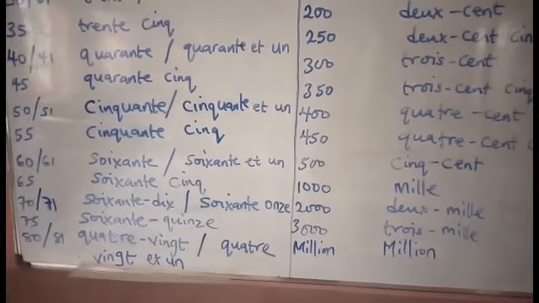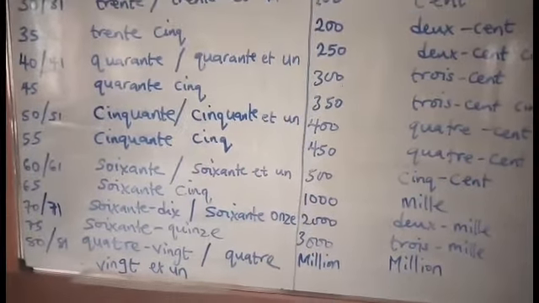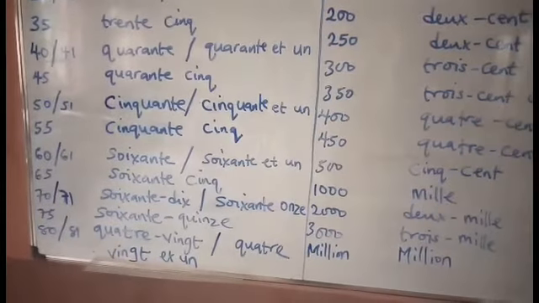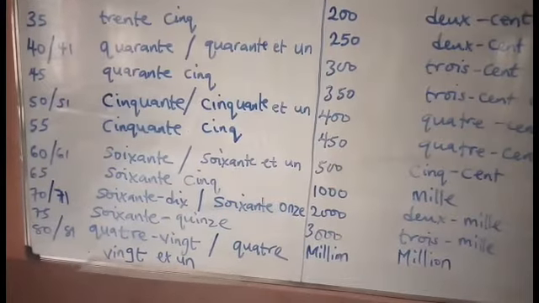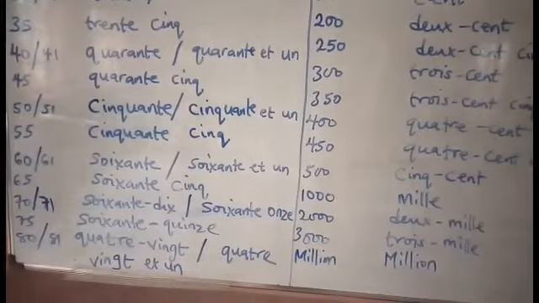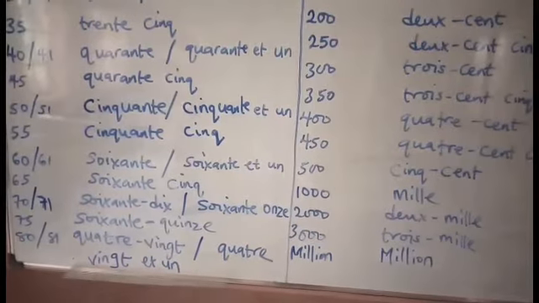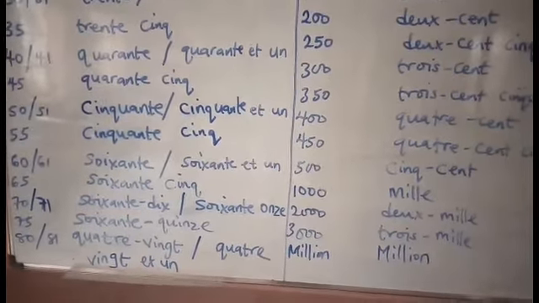Okay, and then at 80 we have 80, and 80 means literally 20 in 4 places, 4 times 20, you have 80.